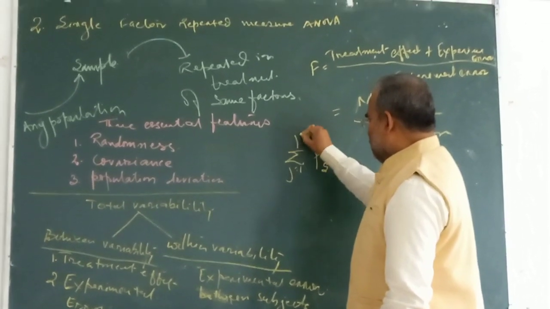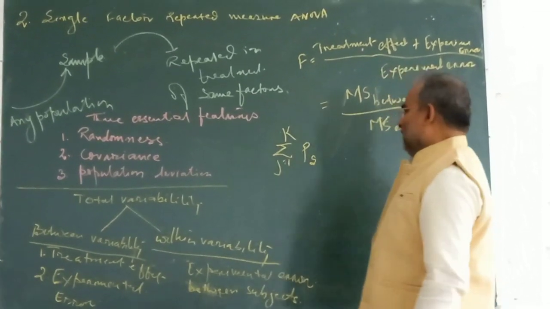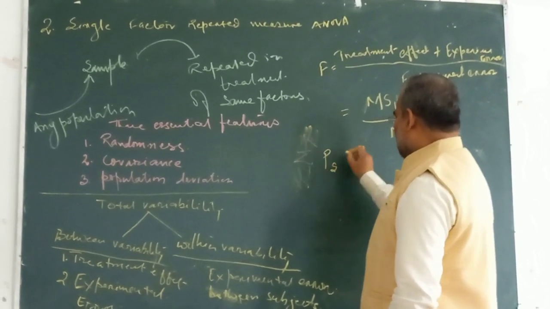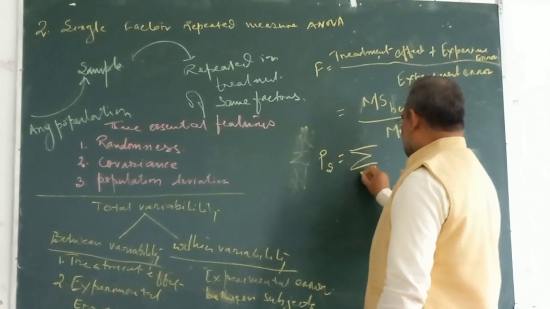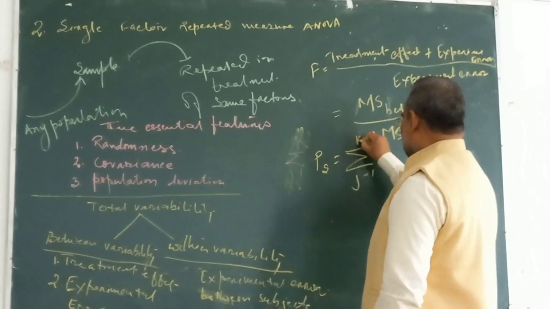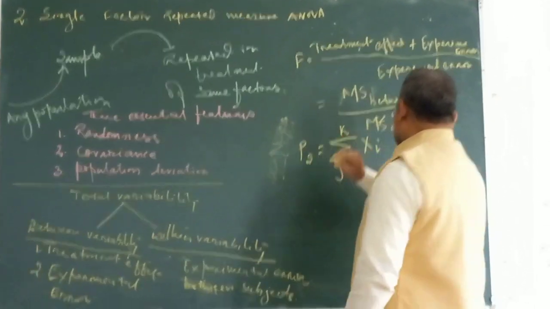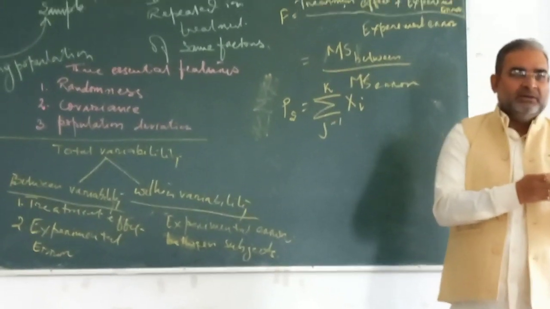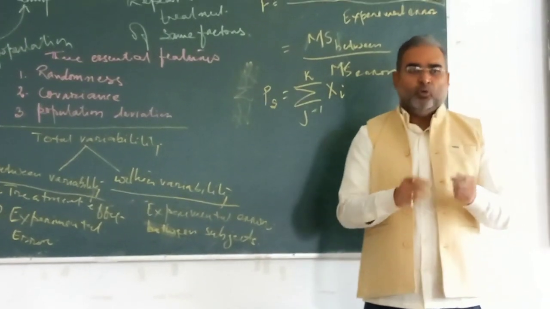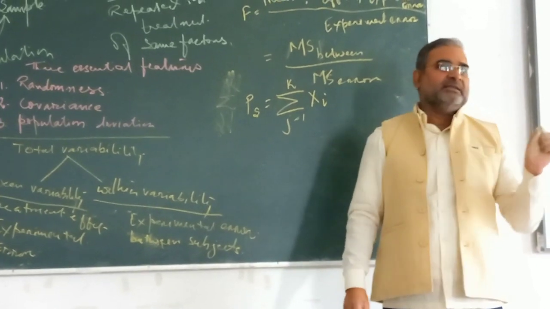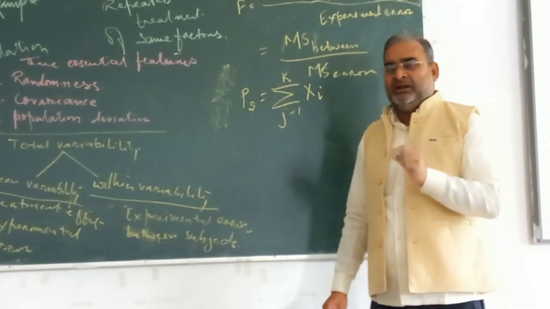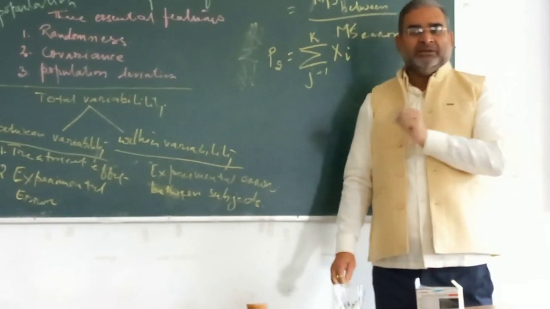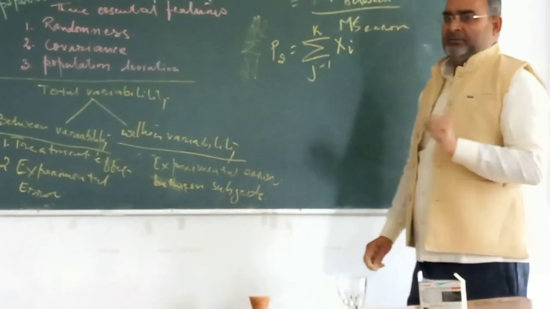Personal total equal to sum of xi from J1 to K. It represents the personal total. It is the difference. Only one notation. All notations are same as we observe in the single factor independent measure ANOVA. Clear?